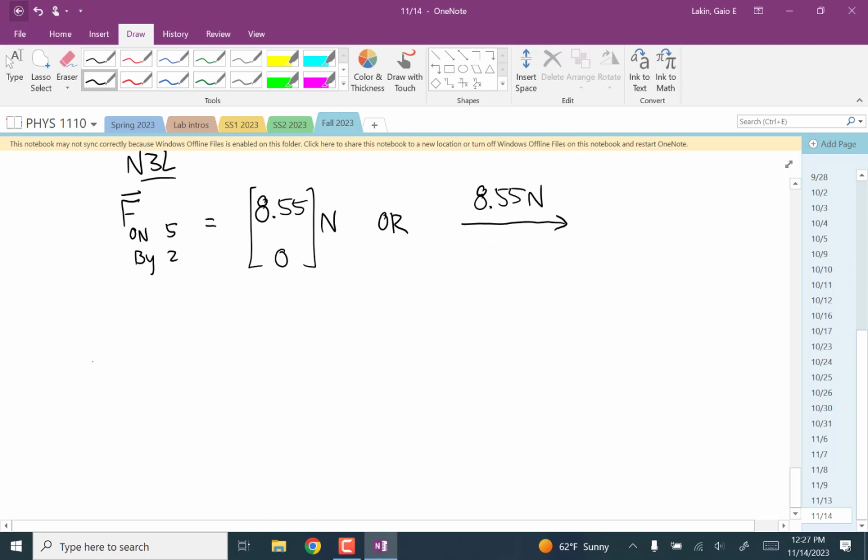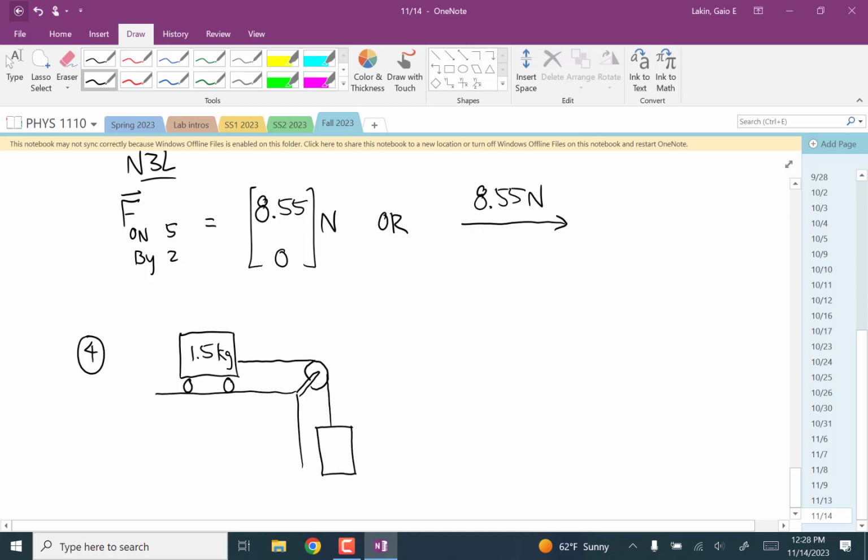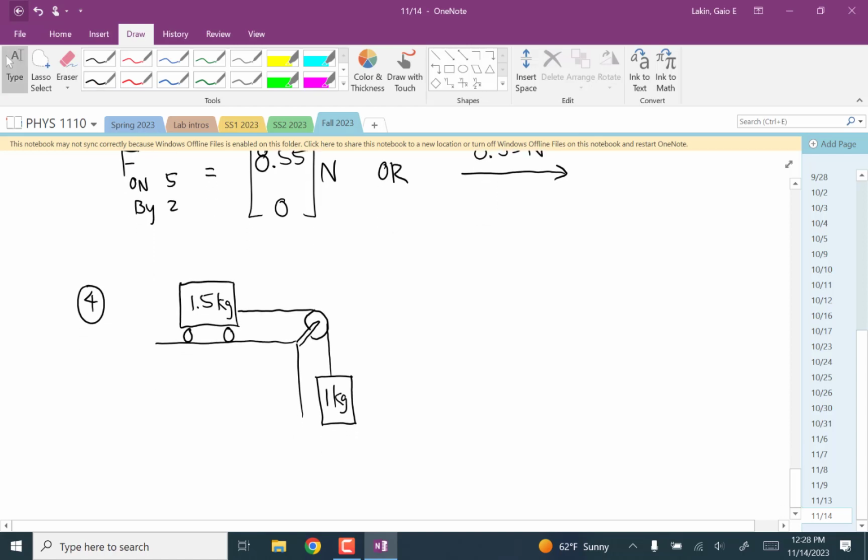And then the fourth one, the last one, is the one with the ledge and the pulley. And you have a rolling cart with a mass of 1.5 kilograms, and then a hanging mass of 1 kilogram. And we wanted to figure out the acceleration of the 1.5.